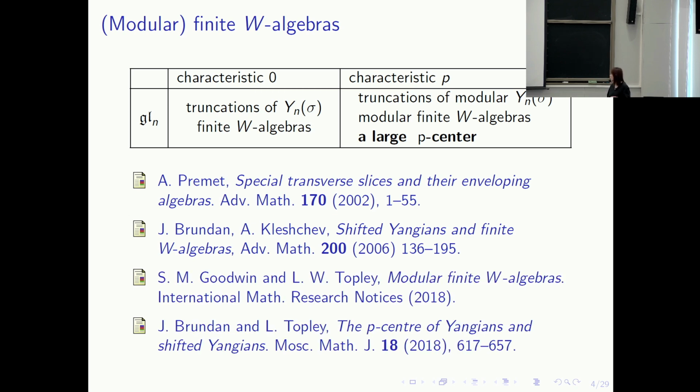Then Brundan, Goodwin, and Topley extended these results to positive characteristic in these papers. Here the p-center appears in a natural way, and it plays an important role in their results.